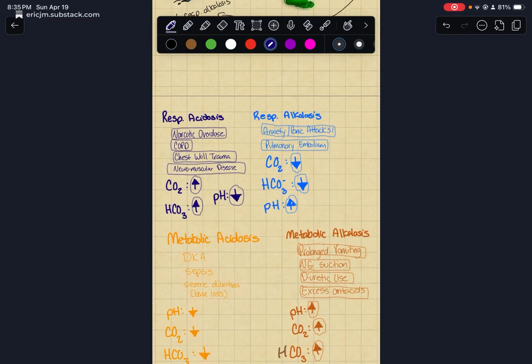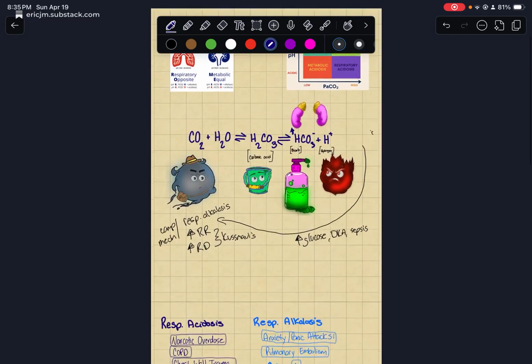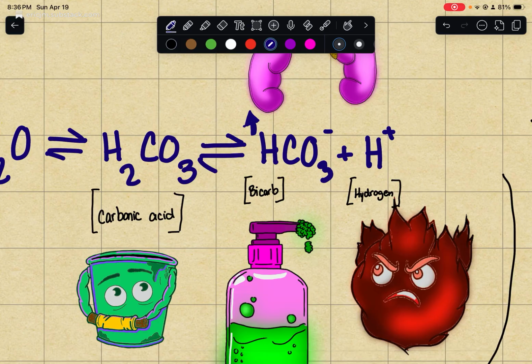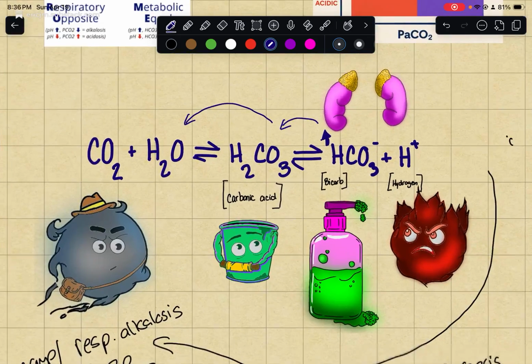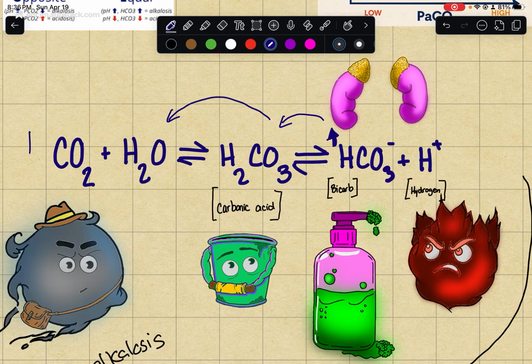We have way too much bicarb. So when that happens, whether it's the renal system or the respiratory system, it just goes the opposite direction. If there's too much bicarb, it's going to become carbonic acid, and then it's going to dissociate into CO2 and H2O. That's going to end up increasing our CO2 levels.